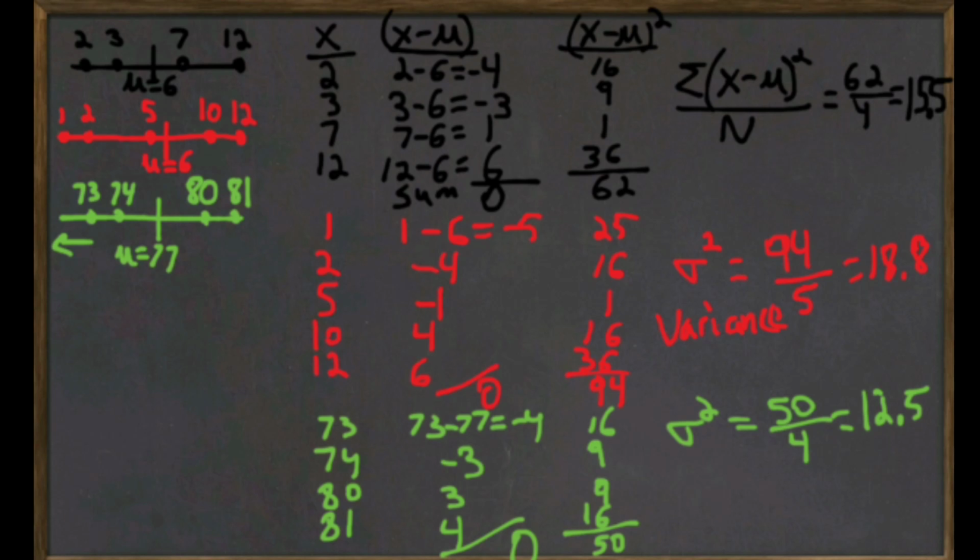And so a couple things to point out. We now have a way to compare across these three different variables. So we could say something like red has more variance. Red is more spread out, or tends to be more spread out than the black variable. And green is even less spread out. It's more tightly packed.